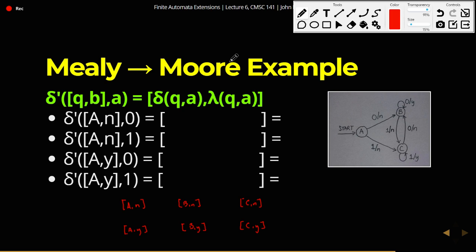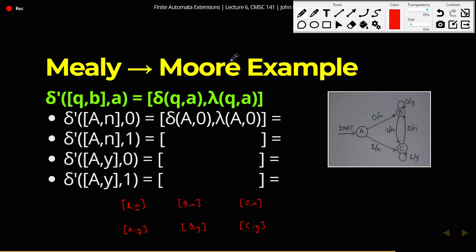Now for their transitions, what will happen? So AN on a 0, actually we don't need to look at the output symbol for the source state. So we'll just look at A, for example. A on 0 will go to where?